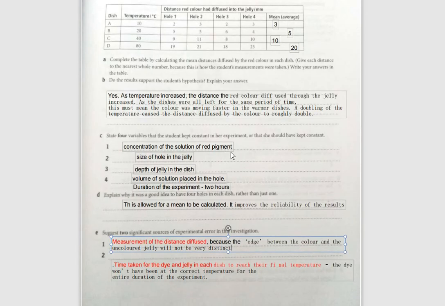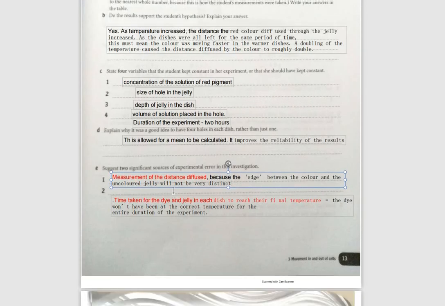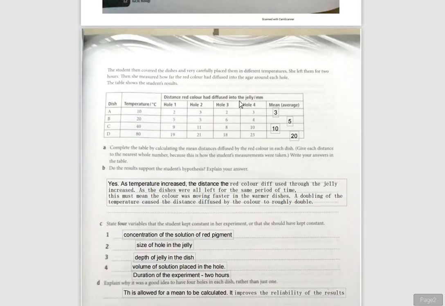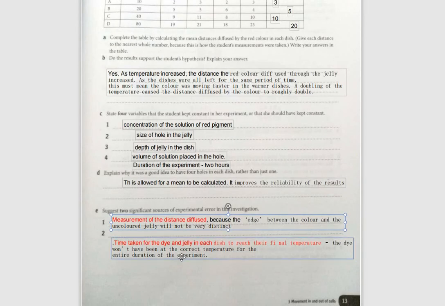Initially when you cut the hole and add the red pigment, it may slightly be outside the edge, so that causes the error in the experiment. And time taken for the dye and the jelly in each dish to reach the final temperature.